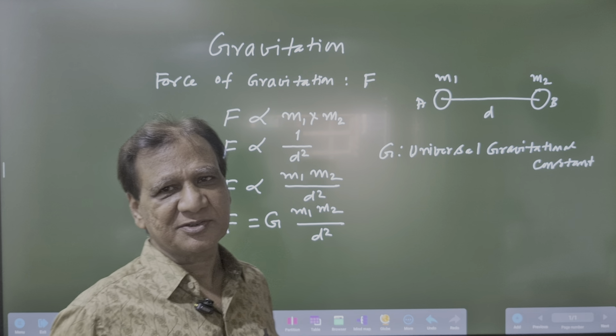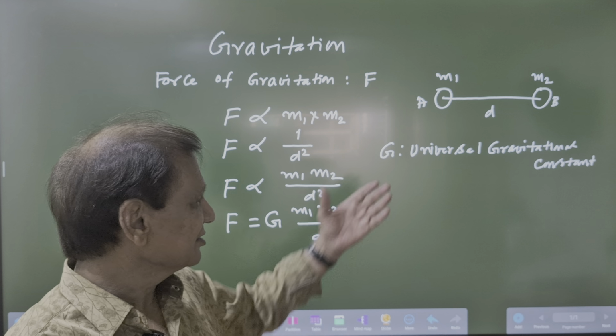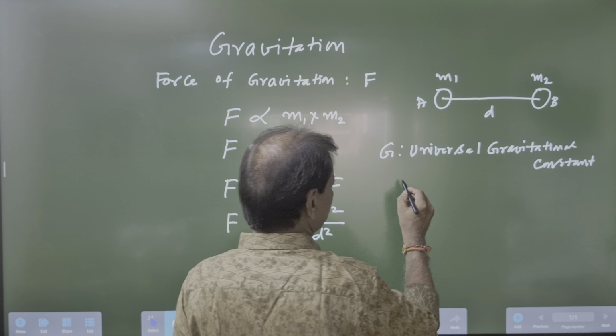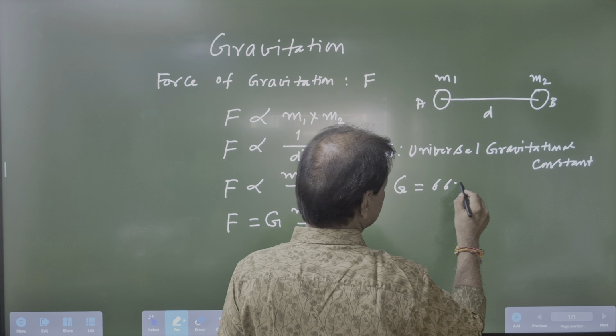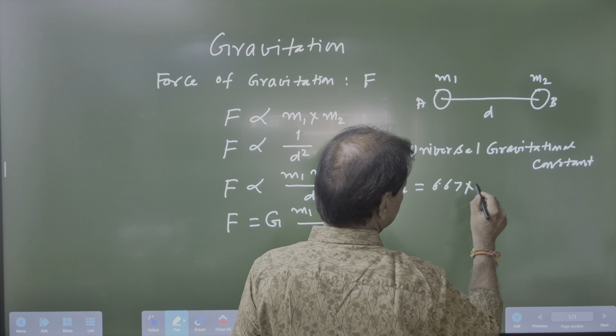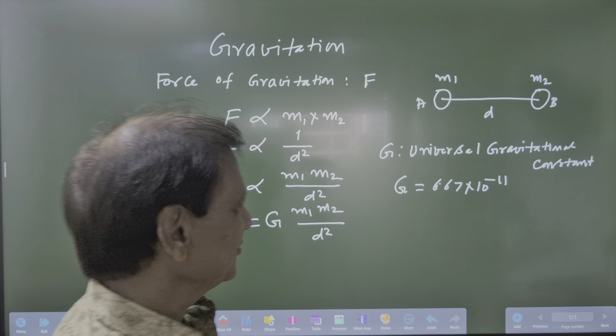If there are two stars and you want to find out the force of gravitation between them, then also it will apply. And the value of this G is fixed: 6.67 into 10 to the power minus 11. This is the fixed value of G.